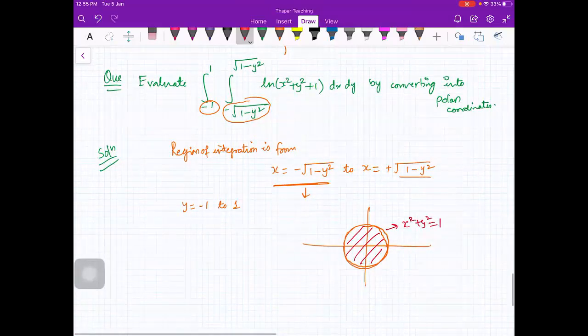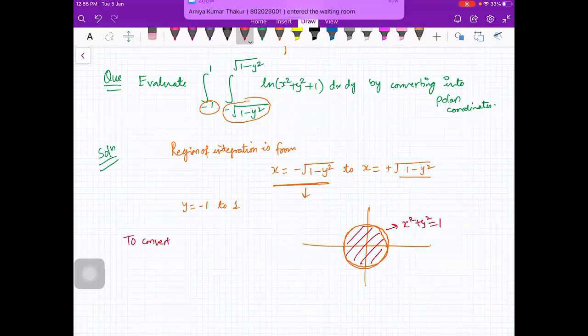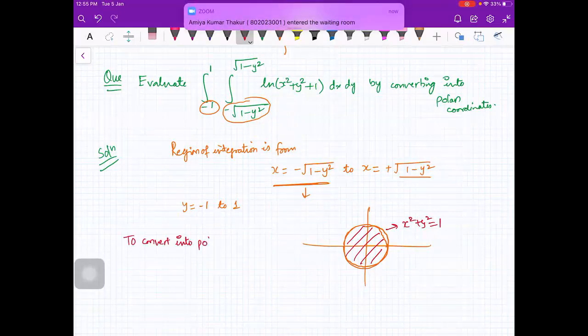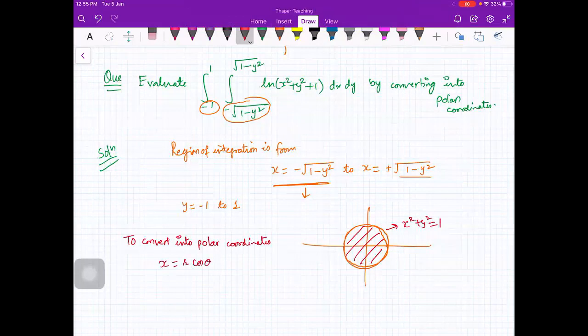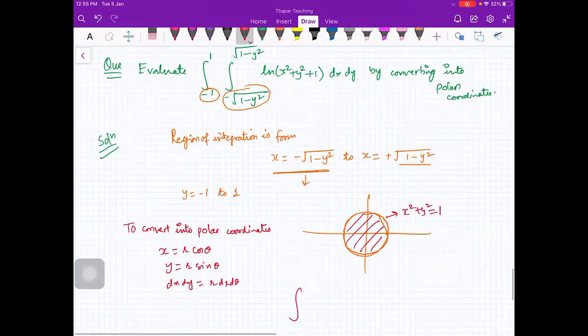Now you convert everything into polar coordinates. You will write x equal to r cos theta, y equal to r sin theta, and dx dy you will replace with r dr d theta. What will be the limits of integration now?